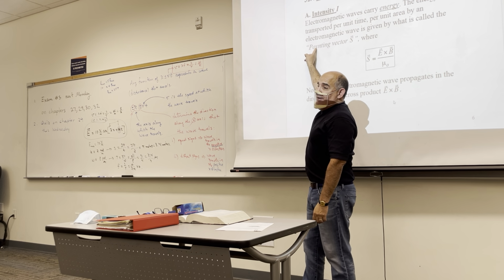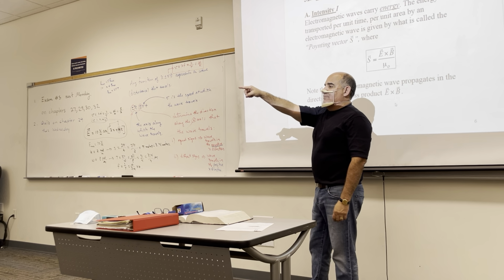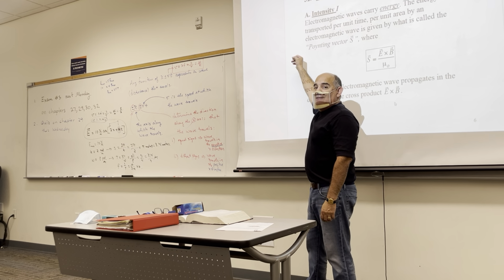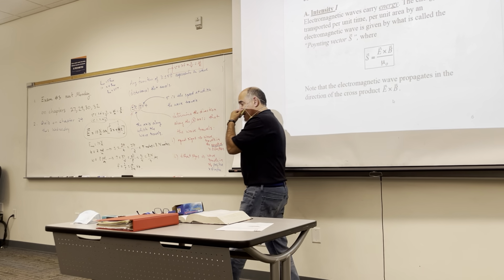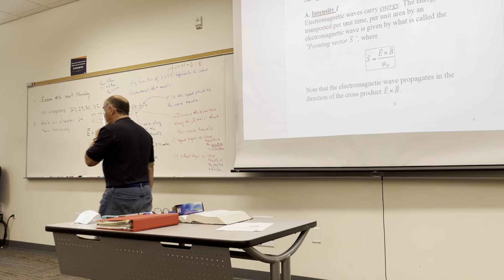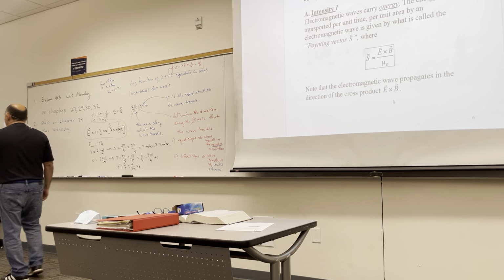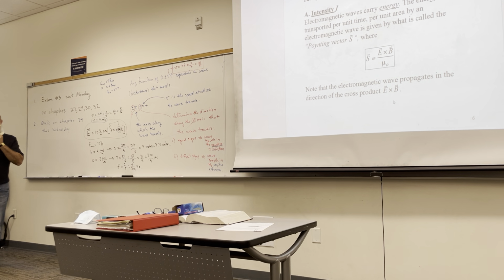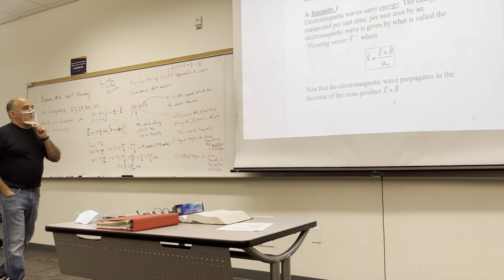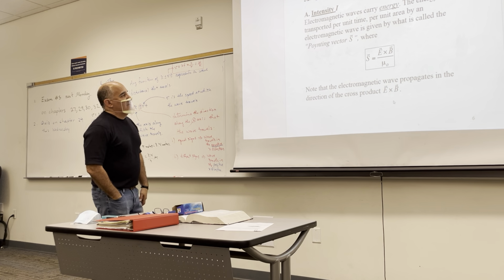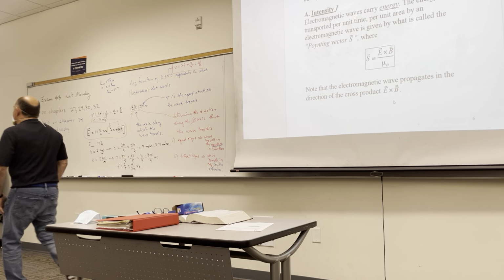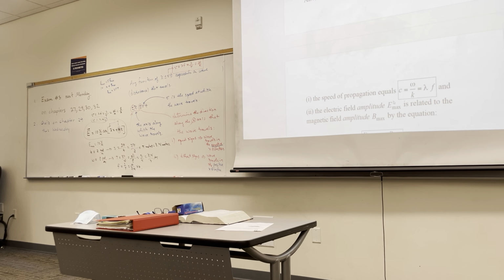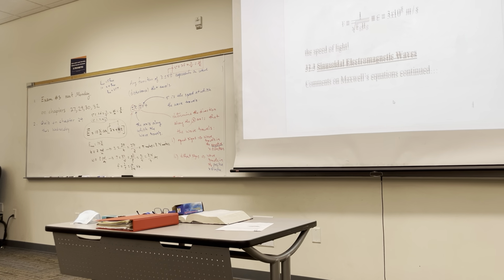Notice it's got a Y, not an I. So the Poynting vector S is obtained by calculating the cross product of the electric field and the magnetic field. Going back to this picture, since you are good with cross products, you'll never forget it again.